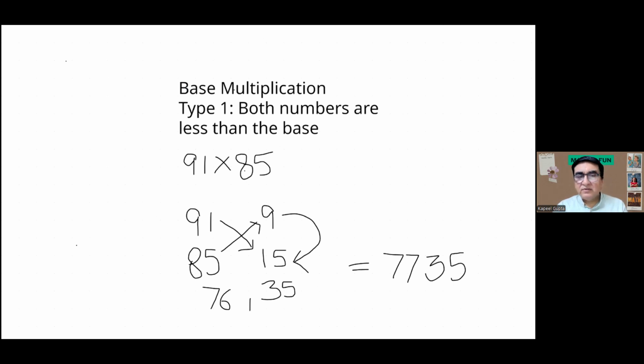Then I subtract 15 from 91, or 9 from 85, and either way I get 76. Because 1 was carried forward, I added 1 to 76 and got 77. So 7735 is the final answer. Wasn't it super easy?